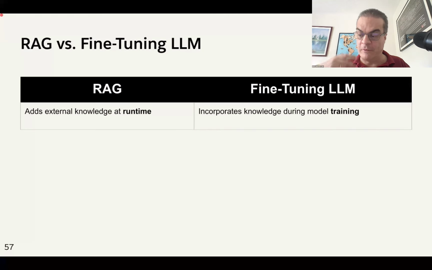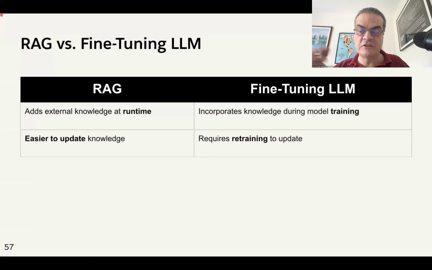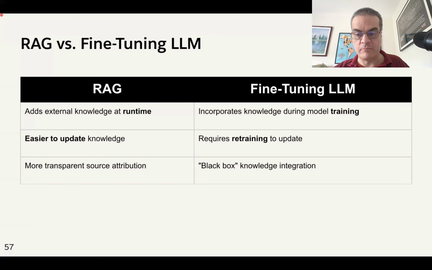Fine-tuning, which is possible but very expensive, is what Mark Benioff in his Dreamforce keynote, or maybe it was the TDX keynote, talks about. Don't do it yourself. Doing it yourself is like fine-tuning the model. Okay, it's very costly, it takes a lot of time, and if things change, you have to redo it again. So it's easier to update rather than having to retrain the LLM.